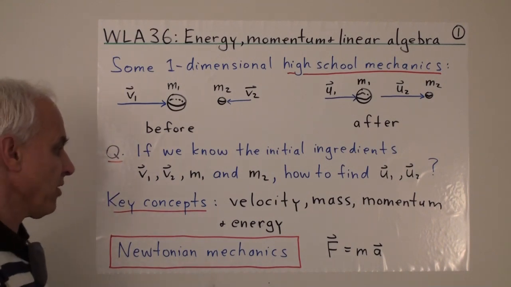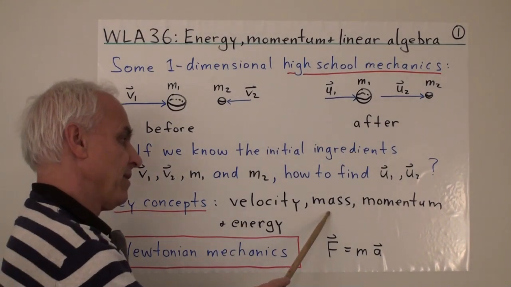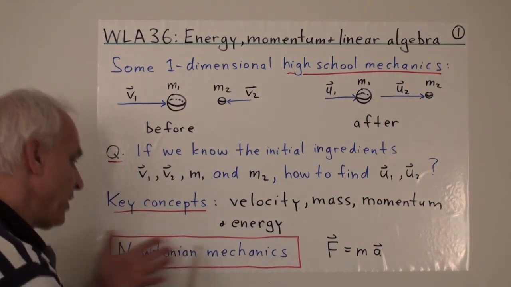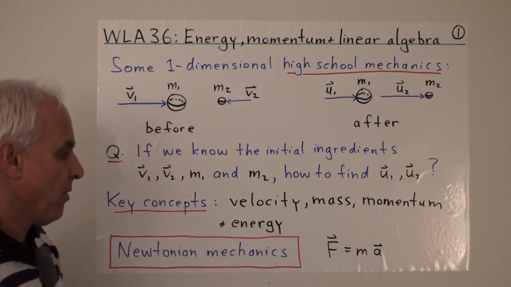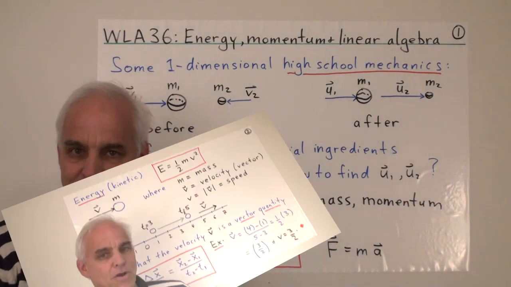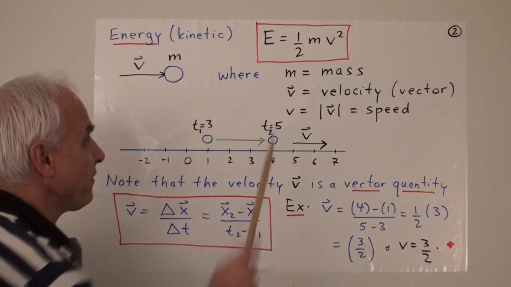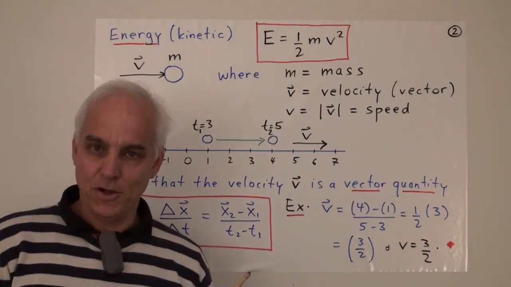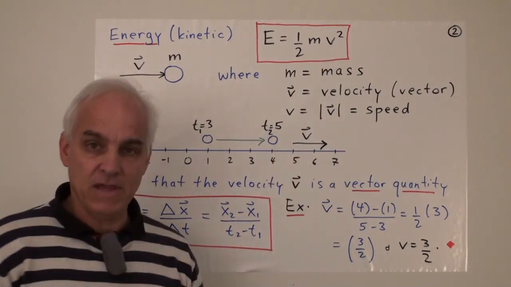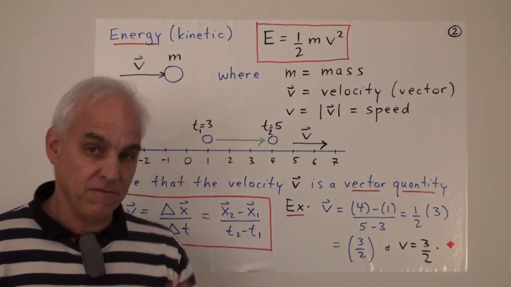So the main concepts here are velocity, mass, momentum, and energy. And we're working in the context of Newtonian mechanics, which is largely driven by Newton's law F equals ma. Okay, so I hope we all remember the formula for the kinetic energy of a particle of mass m moving with velocity v, or more precisely with speed v.